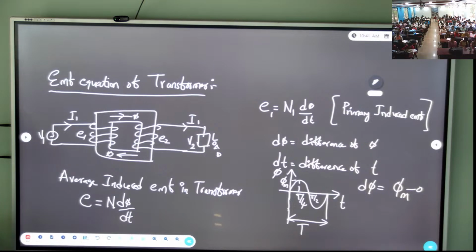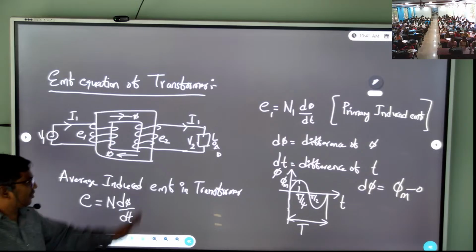So here we require to find out d pi and dt. So d pi value is maximum flux, dt value is in which time we are getting this maximum flux? T by 4. Substitute in the formula.